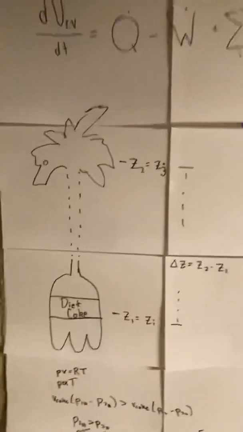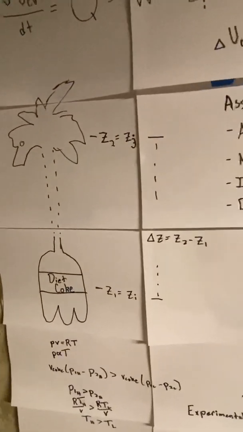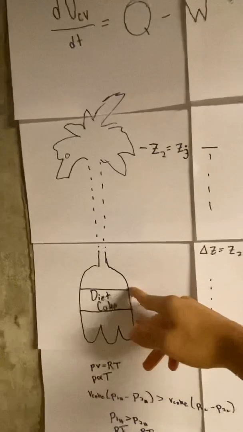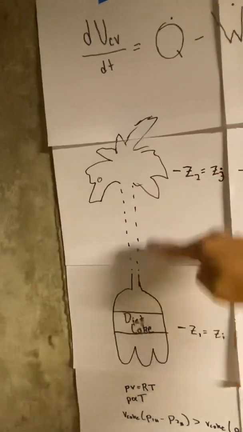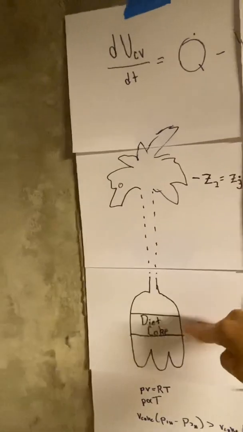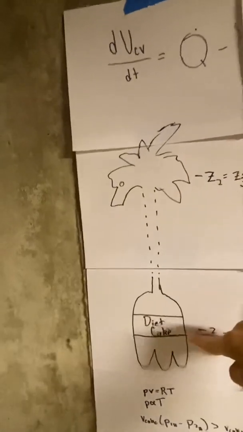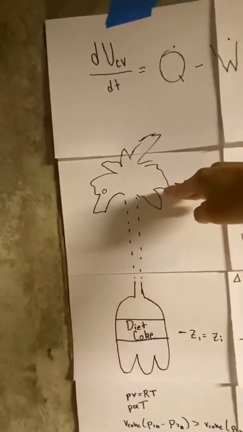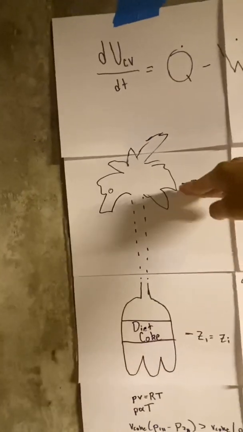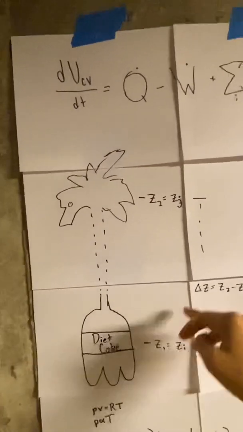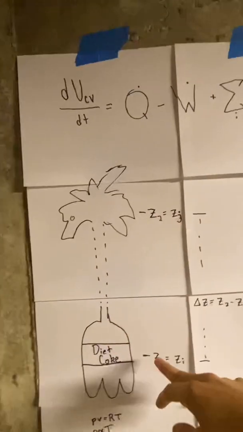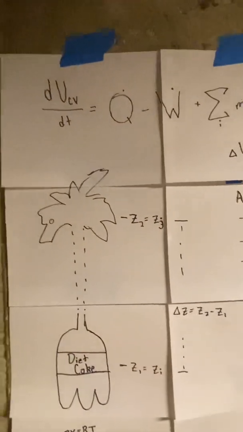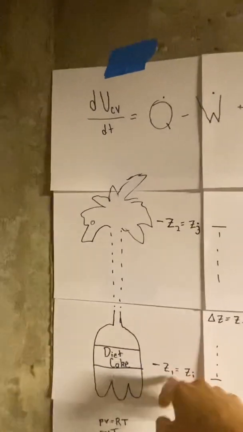I'm making the assumption that the total mass of the Diet Coke ends up at this altitude, which I know is not true, but using the formula, we'll still be able to prove that the change in height, if we were taking the total mass, would still be greater than the change in height for the total mass of a lower temperature system.